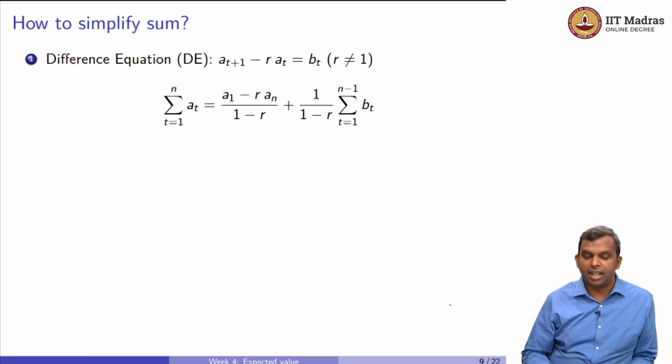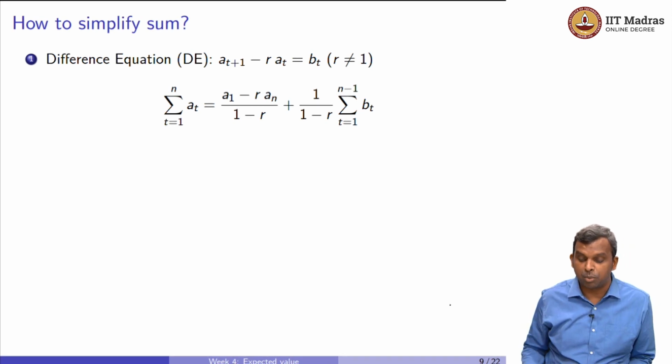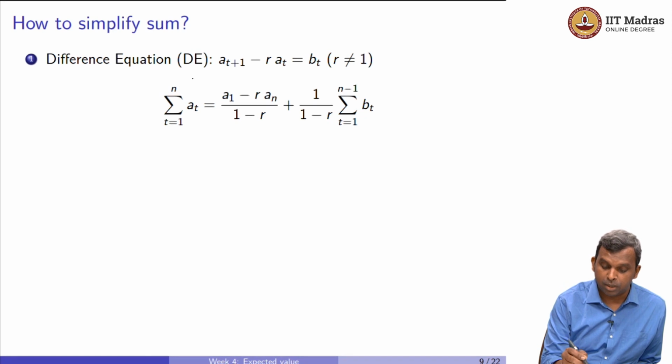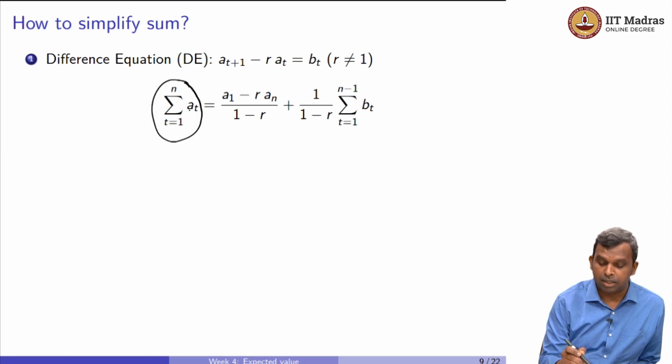So one crucial idea is this kind of a difference equation idea. Supposing you have a sequence you need to sum, which is the summation from t equals 1 to n of a_t. And this a_t satisfies this kind of a property: a_(t+1) minus r times a_t equals some other sequence b_t, and r is not equal to 1.